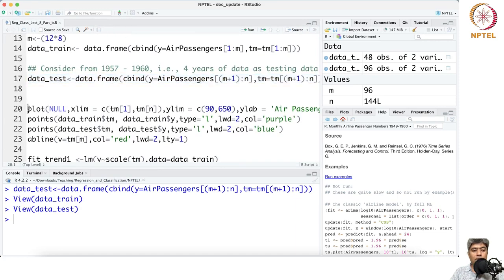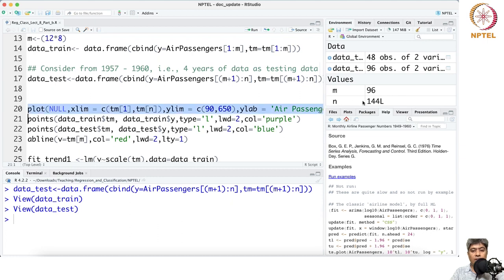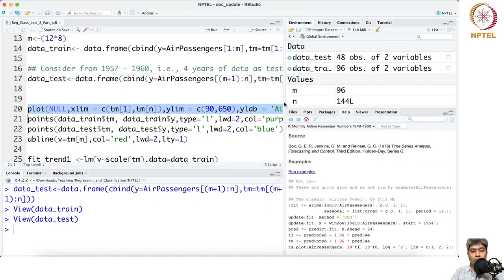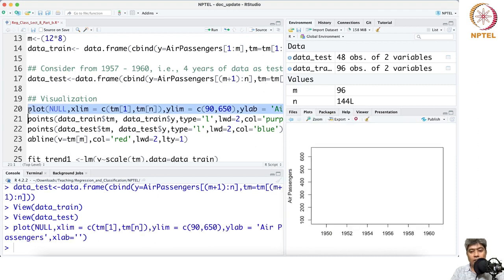Now this line is going to create just the frame of the plot. I'm going to create some visualization. As in our discussion, visualization sometimes helps us understand the data and what kind of model can be used.